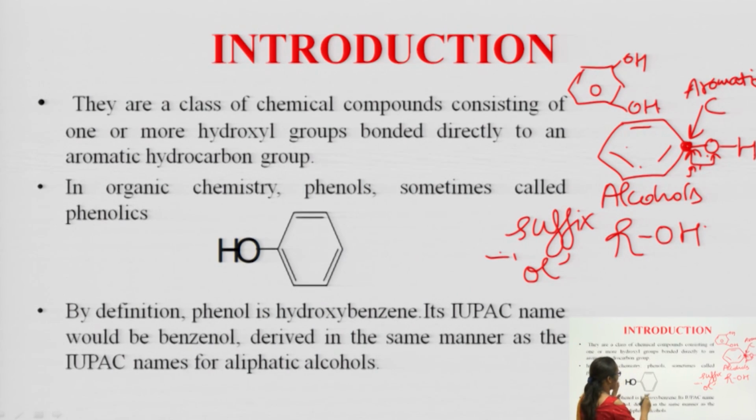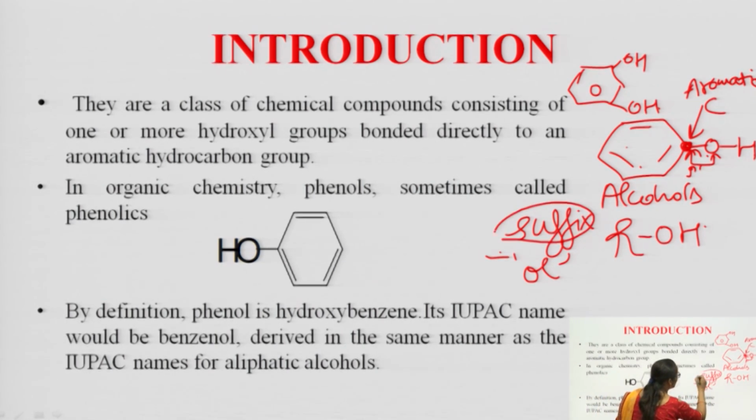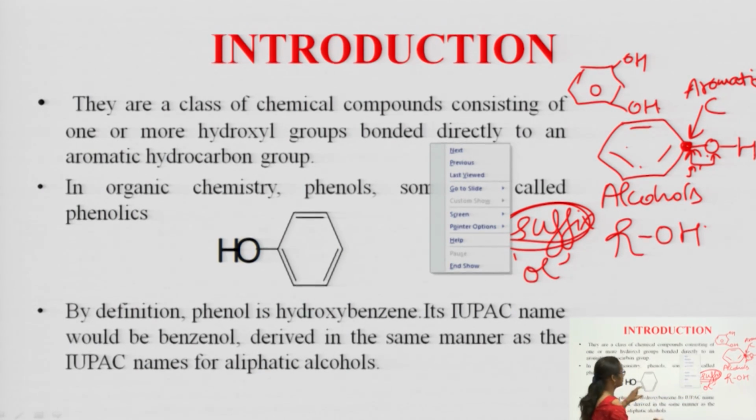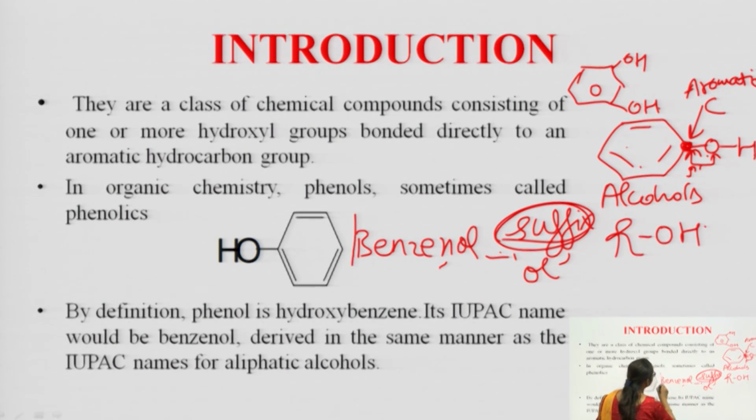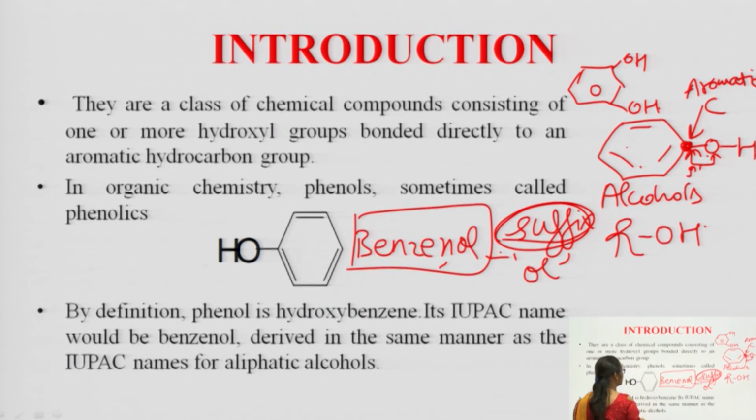Since it contains a benzene ring, it is benzenol. This is the IUPAC nomenclature of phenol: the IUPAC name of phenol is benzenol.